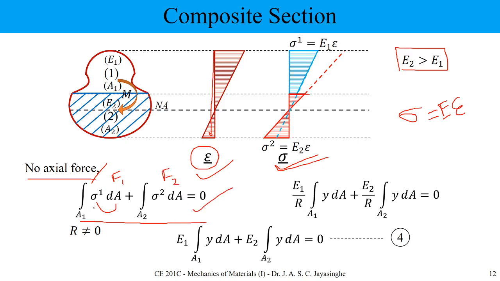Now you know the values, you can substitute and end up with this equation. Finally you will end up with this because R is not equal to 0. If R were 0 there would be no bending. There is bending, so R cannot be 0, and from this you can get this equation.